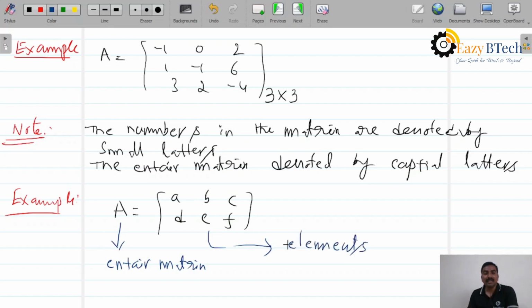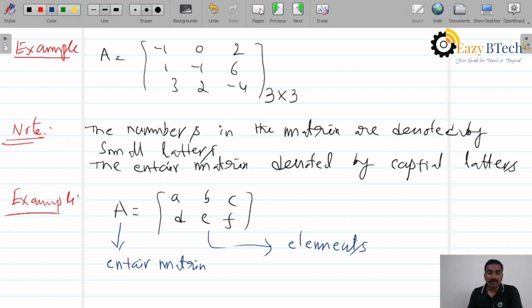So notice the numbers in the matrix are denoted by small letters like a, b, c, d, e, f, and capital A denotes the entire matrix. So this is the important note.